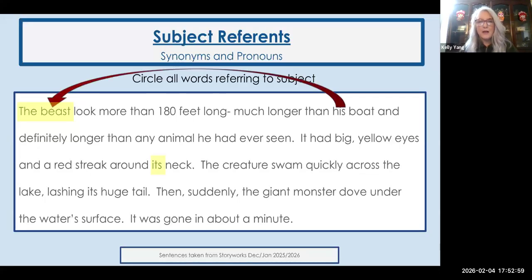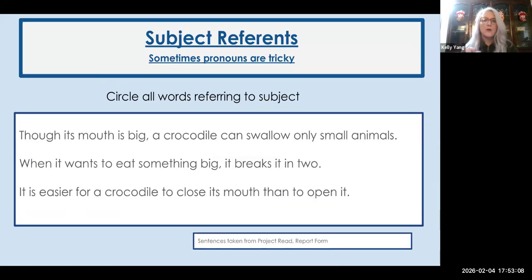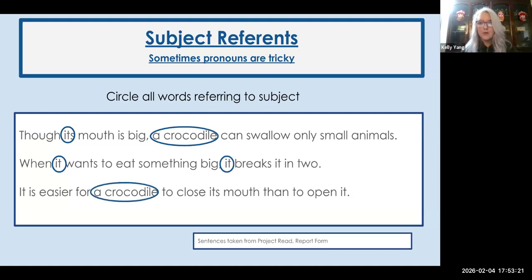And students don't always understand that. So I like to do lessons where, once the students know the subject of the passage, as they read, they circle or underline or highlight all of the words that refer to or substitute for the subject. This is my favorite little passage. I wanted to show you how important it is. This is about a crocodile.